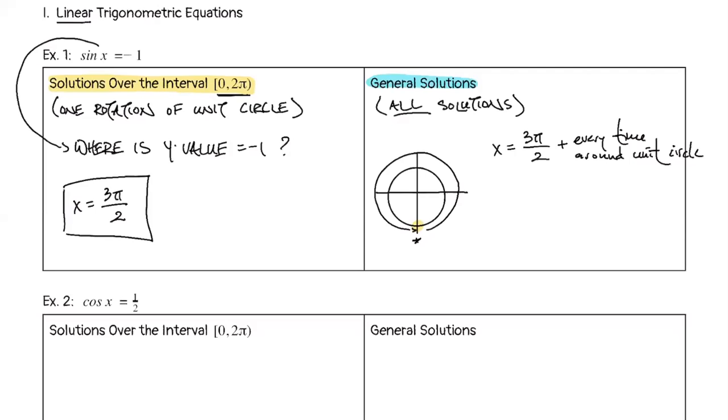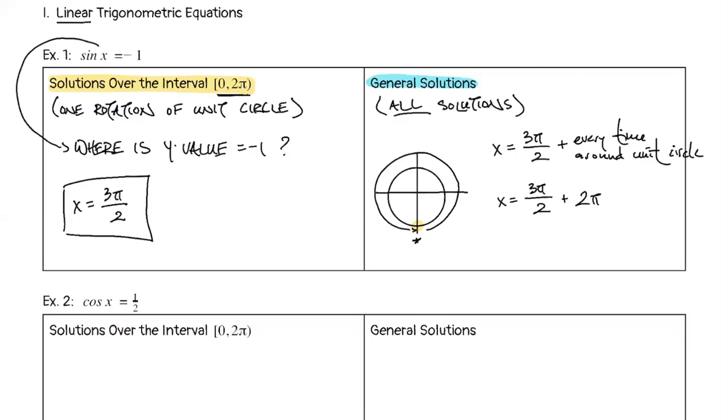In terms of radians, how big is one time around the unit circle? Yeah, it's 2 pi, okay? So if I wrote x equals 3 pi over 2 plus 2 pi, that would give me, if I went around the circle one more time, right?